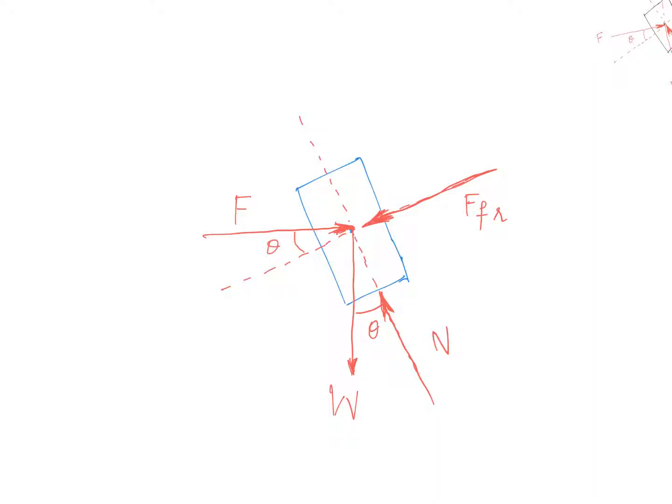There are 4 forces acting on this particular body. Capital F is the external force acting on the body. Then W is the self weight of the object. This is the frictional force that is opposing the motion up the inclined plane. Then there is the normal force which acts at the interface between the body and the inclined plane.